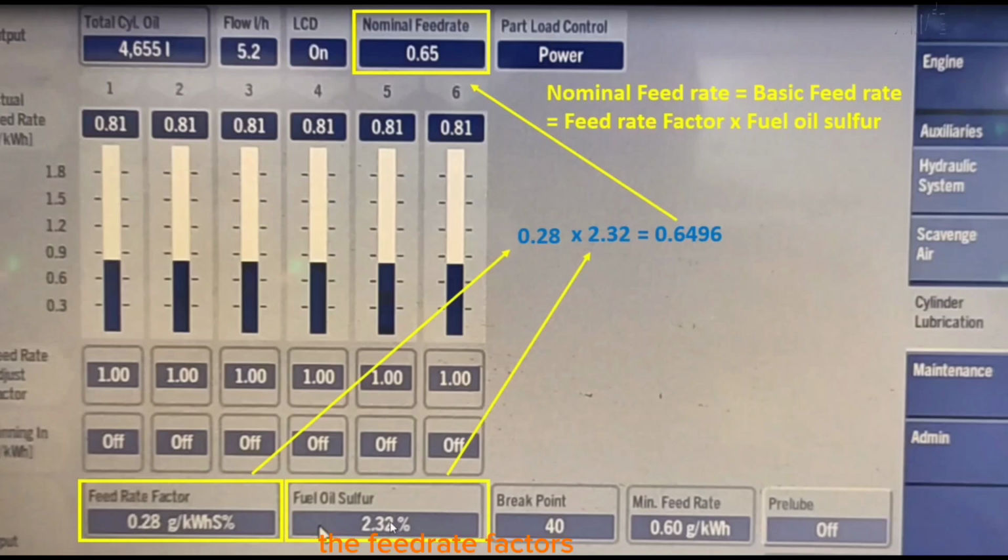The feed rate factor is supposed not to change in the short term, but the fuel oil sulfur will change when you have new bunkerings. So for example, if we change from HFO to low sulfur, the nominal feed rate is also reduced.